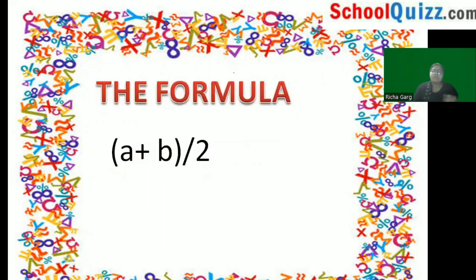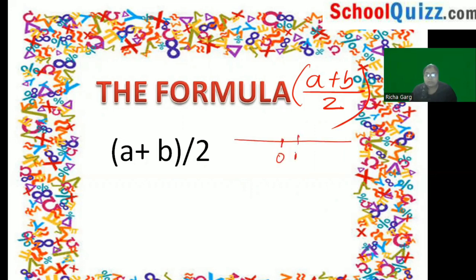The basic formula to find any rational number between two numbers is (a plus b) divided by 2. Now we have a question, what are a and b? If we are finding rational numbers between 1 and 2, clearly we cannot see any number between 1 and 2, but there are infinite numbers between them.